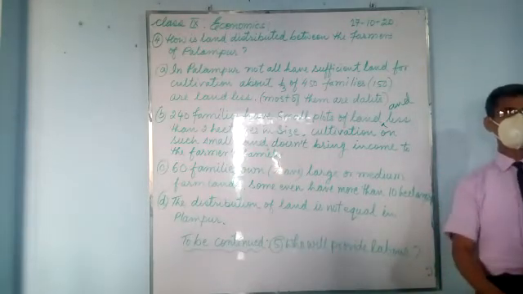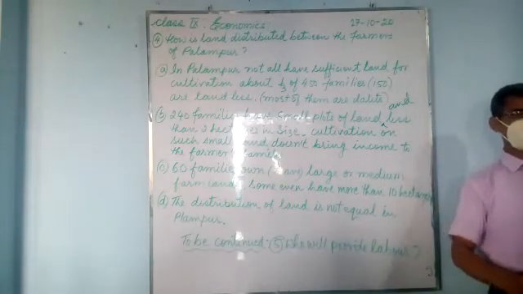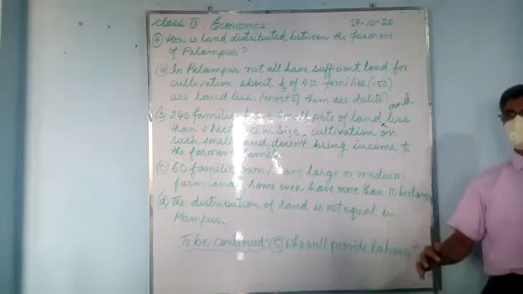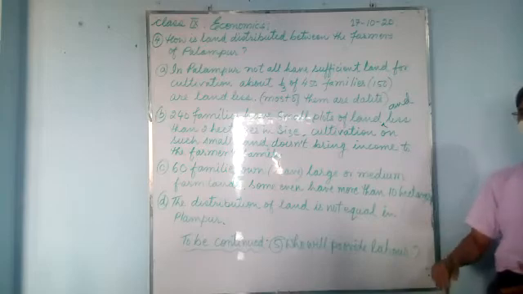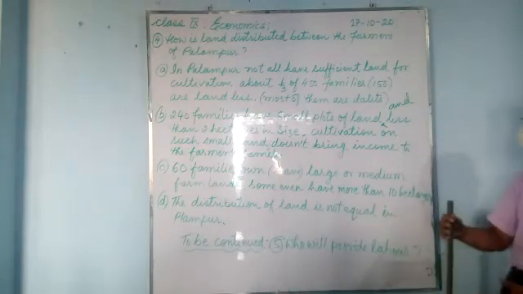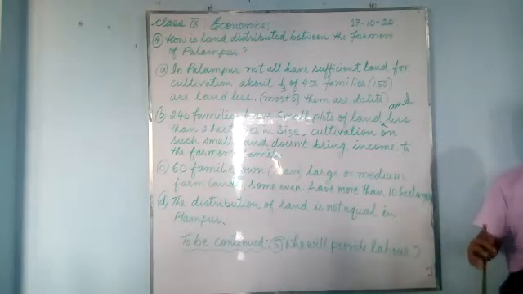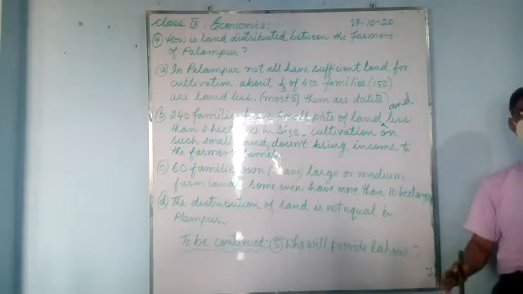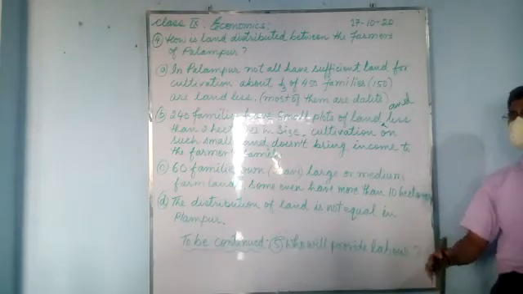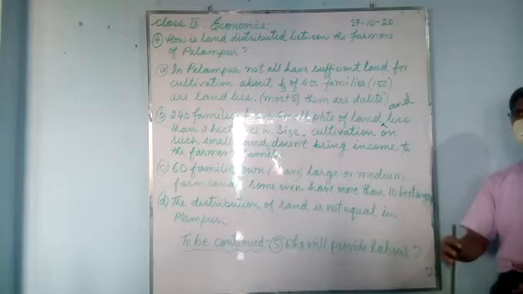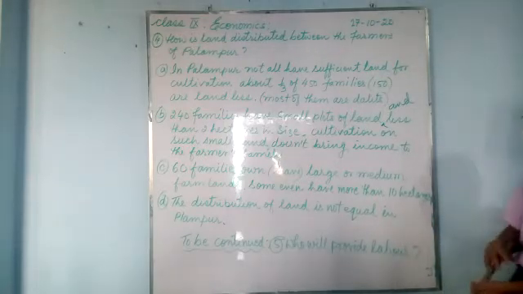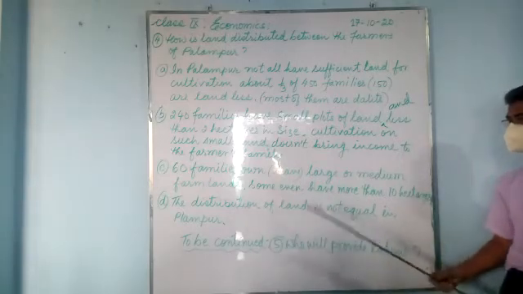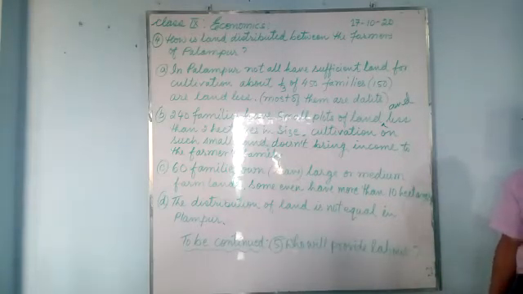All the families do not have equal access to the field or equal plots of land. There is a lot of difference between different families. Some families have very big plots of land, some have medium, and some have very little, some do not have land. So in this way, the distribution of land in Palampur is not equal.